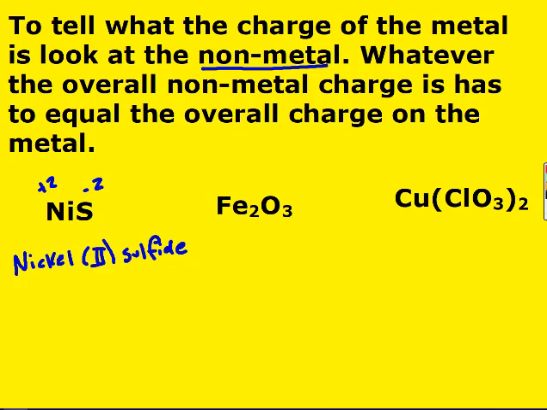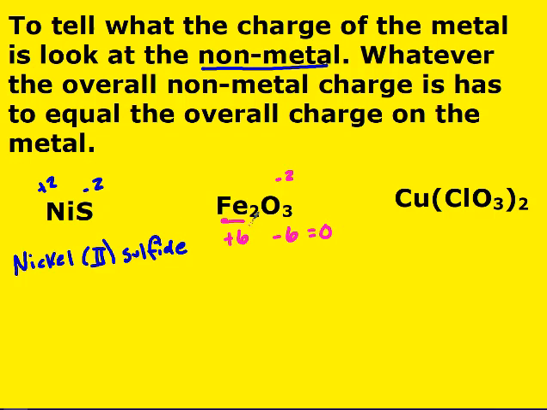For the next one, first I look at the metal and say that is not group 1A, 2A, silver, zinc, cadmium, aluminum, or gallium. So I look at oxygen and say oxygen is a -2 charge. -2 times 3 gives me a -6. So iron must be a +6 overall because these have to add up to 0.